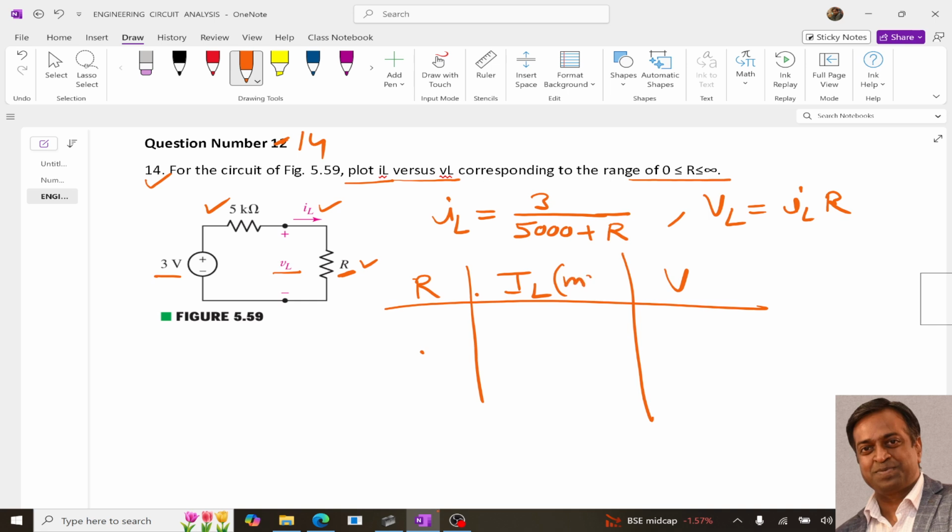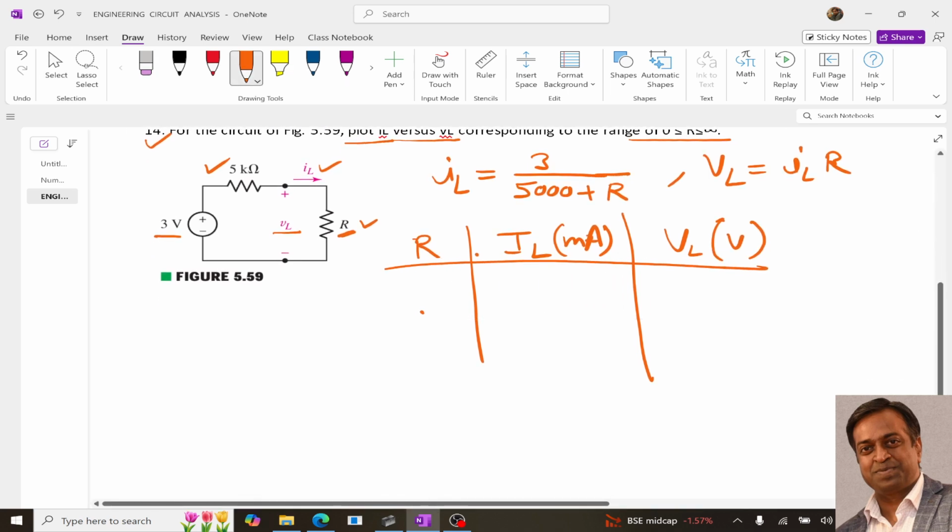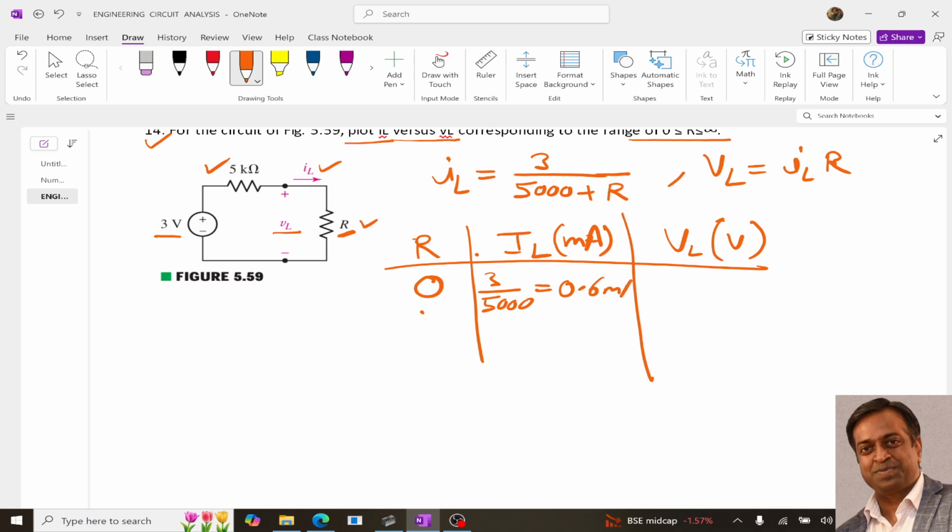Let the unit for current be milliampere, and for the voltage VL, let it be volts. Now if I take resistance as 0, then I will get IL as 3 upon 5000. It means 0.6 milliampere, right? And corresponding to this formula, VL equals IL into R. Since IL is 0.6 and R is 0, our VL will be 0 volt, right?